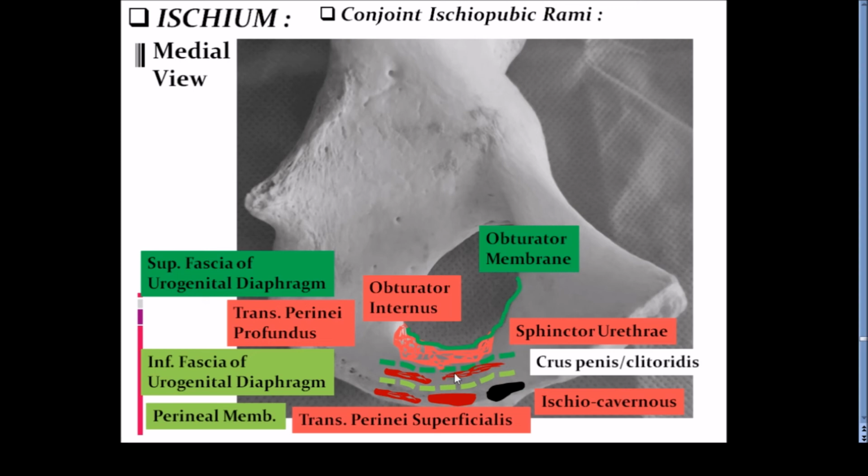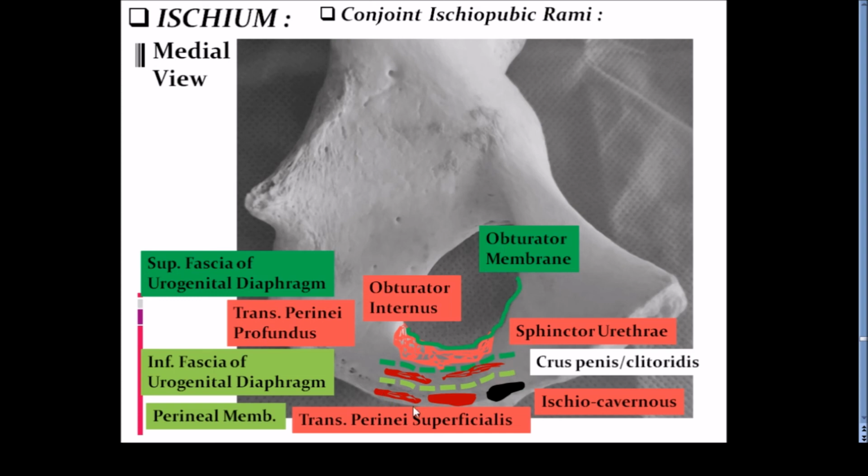Below, the intermediate area gives attachment to the sphincter urethrae anteriorly, and behind it transverse perinei profundus. The lower ridge gives attachment to the inferior fascia of urogenital diaphragm or perineal membrane. The lower area: anteriorly crus of penis or clitoris, behind it ischiocavernosus, and behind it transverse perinei superficialis muscle.